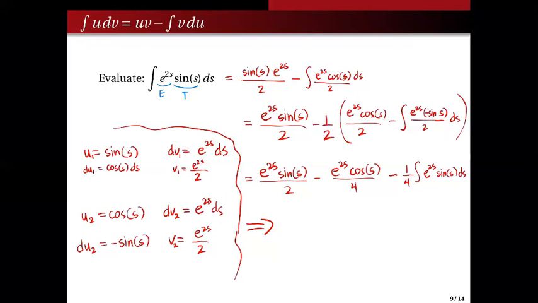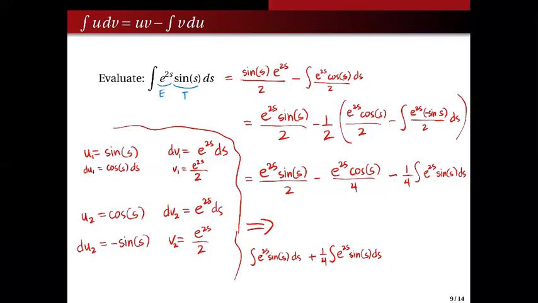So we will have integral e to the 2s sine s ds plus 1/4 integral of e to the 2s sine s ds. And then on the right-hand side, we just have this. We don't have any integrals. Okay?